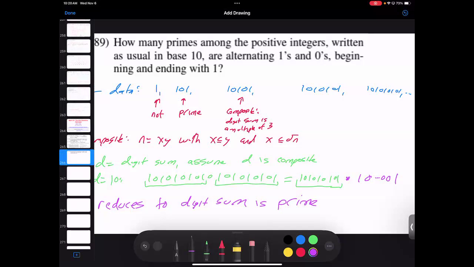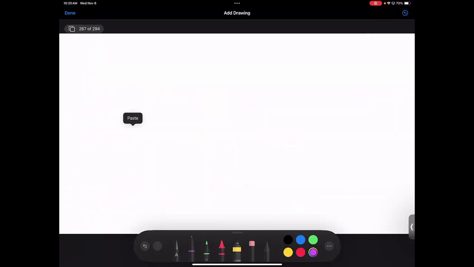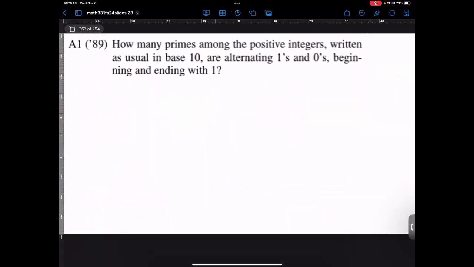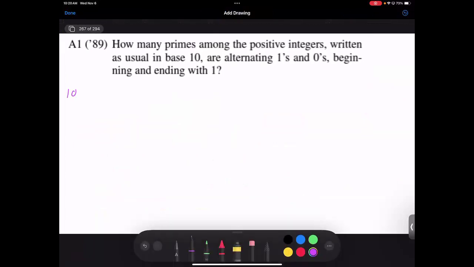Okay, so let's continue thinking about this problem. So we have in general 10101 dot dot dot 01, and I can write this as the sum, k goes from 0 to n, of 10 to the 2k. This is just a nice way to write the number.